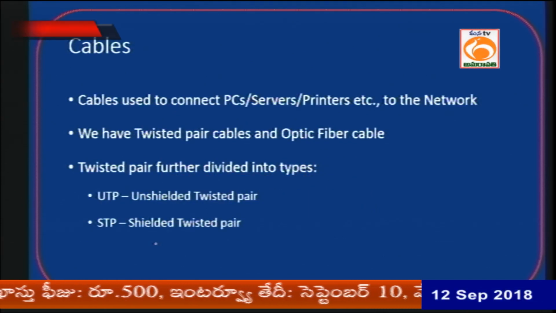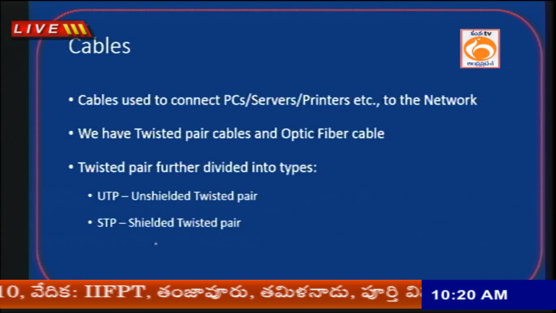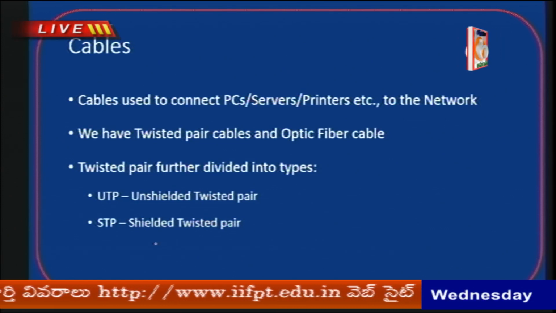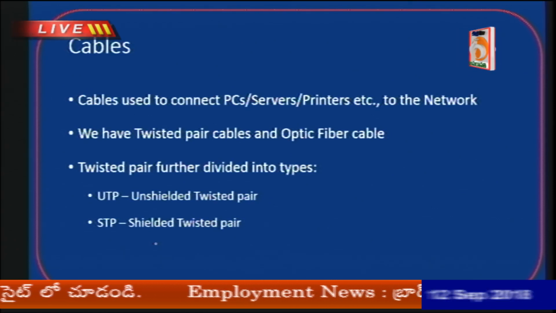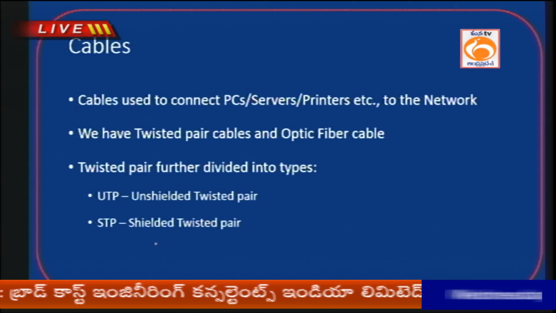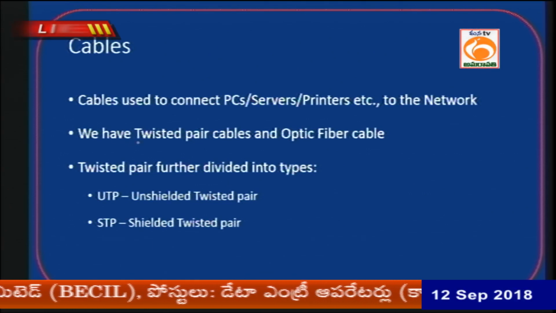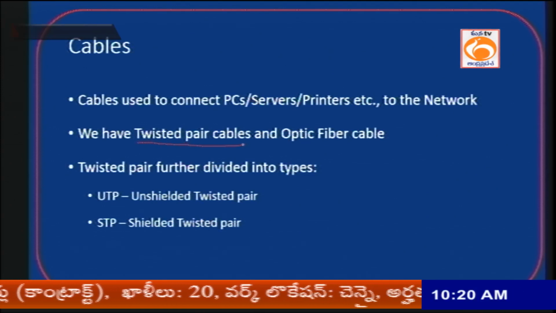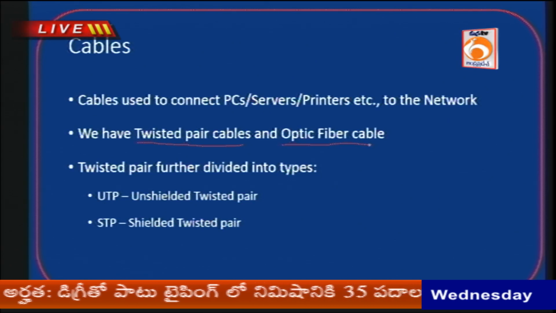In the next discussion, we have the cables. Cables are also an important part of networking. Without cables, we will not be able to connect computers, servers, or printers physically to the network. Cables come in two different categories: twisted pair cables, which are very widely used across the globe for setting up local area networks, and fiber optic cable.